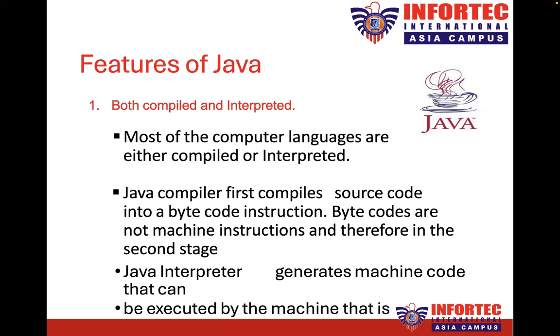So we have to convert whatever it is into zeros and ones. So that conversion we consider as compilation and interpretation. So we convert our language into 0 and 1.